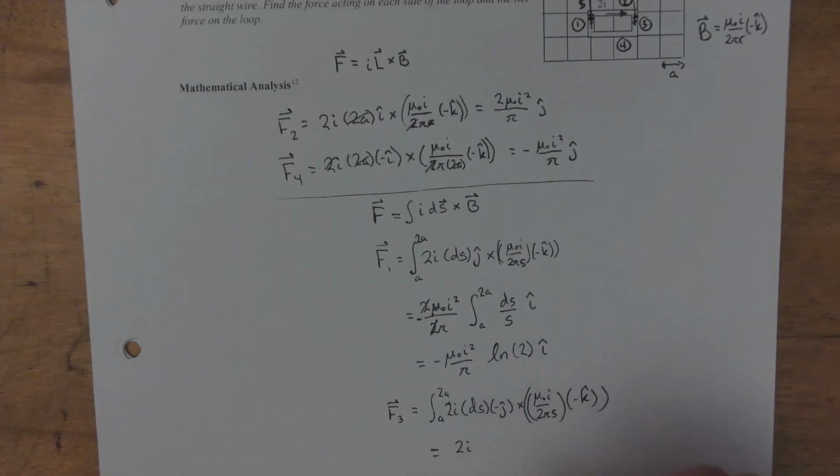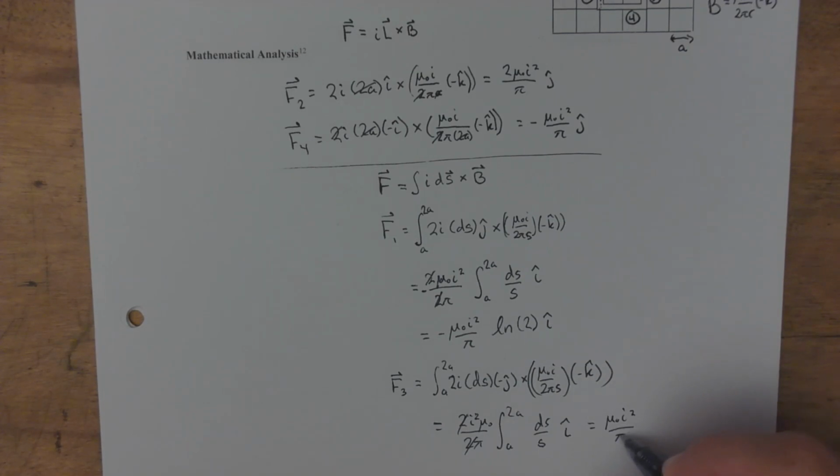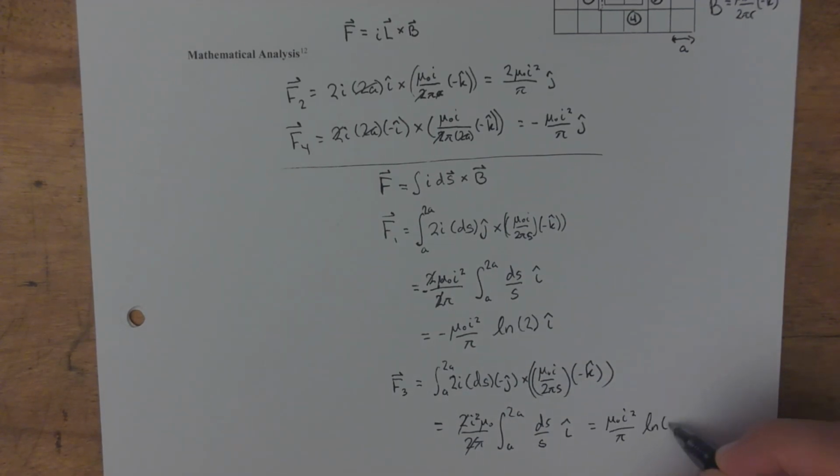So that's 2I squared mu naught divided by 2 pi, and the 2's cancel. We're integrating from a to 2a. I have a ds divided by s. That's in the i hat direction. After integrating, I get mu naught I squared divided by pi natural log of 2 in the i hat direction.